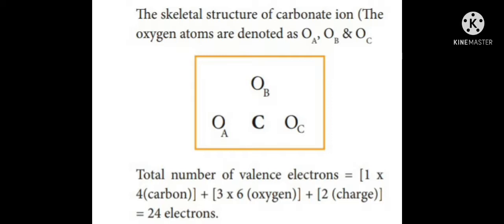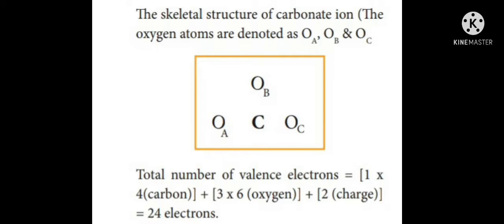Next, we have to calculate the total number of valence electrons for carbonate ion with the formula CO3 2-. Therefore, total number of valence electrons is equal to 1 into 4 plus 3 into 6 plus 2.